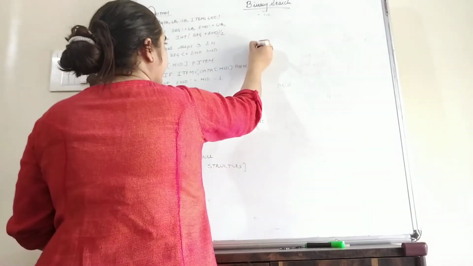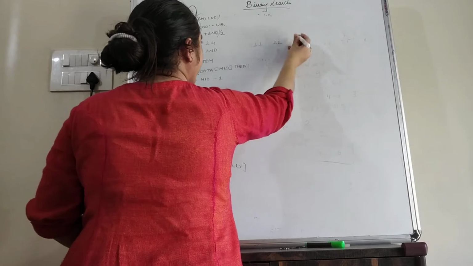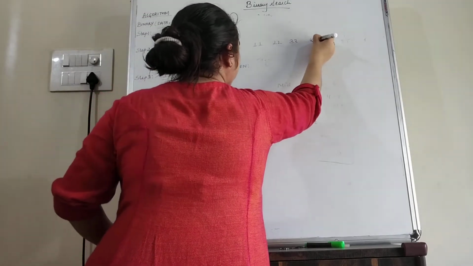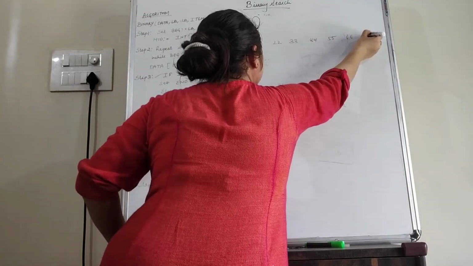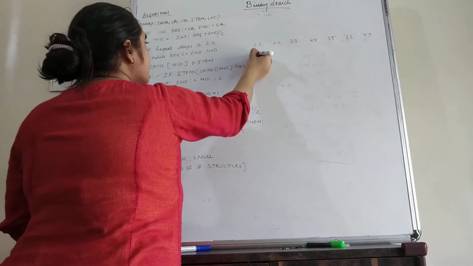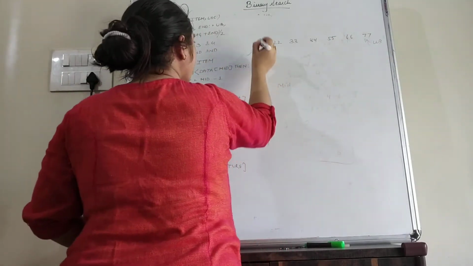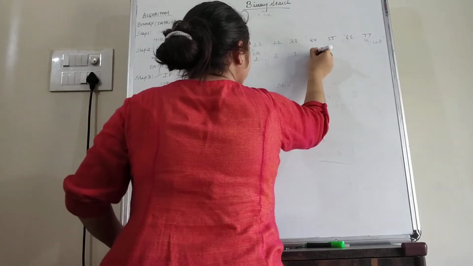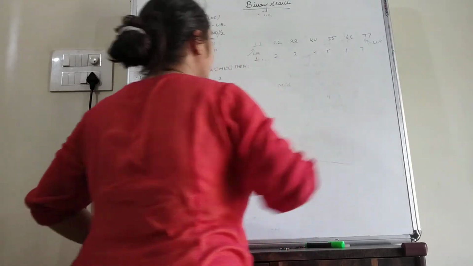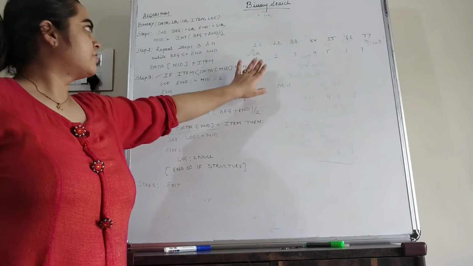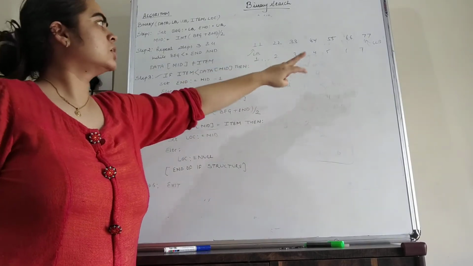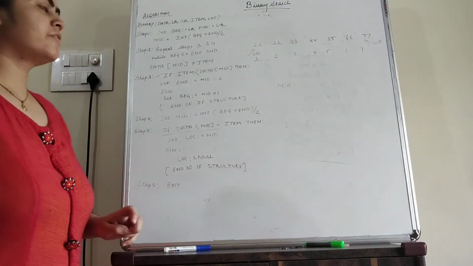Suppose the items in the list are 11, 22, 33, 44, 55, 66 and 77. So here this is the lower bound and this is the upper bound, or we can write 1, 2, 3, 4, 5, 6, 7. So these are the positions. At the first position 11 is there and at the 7th position 77 is there.